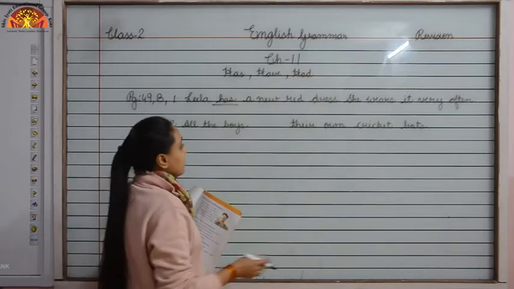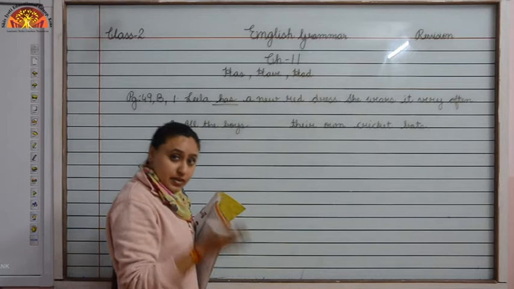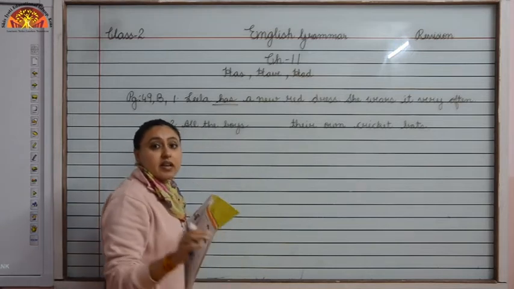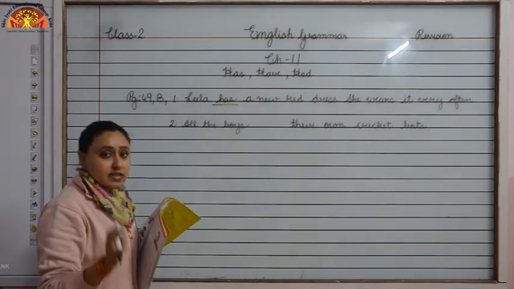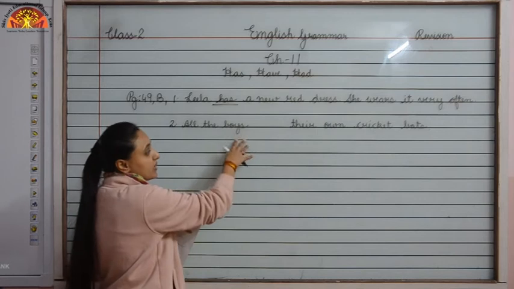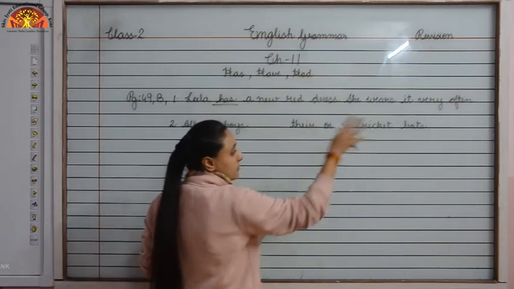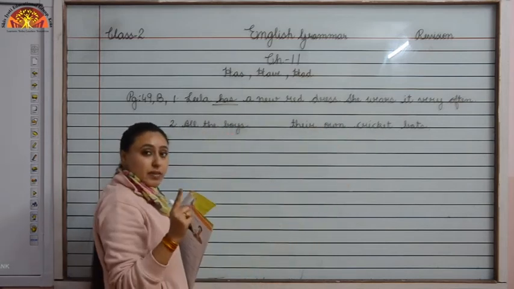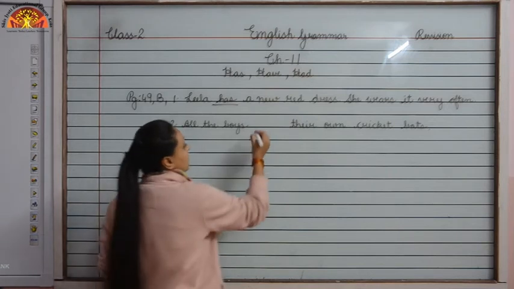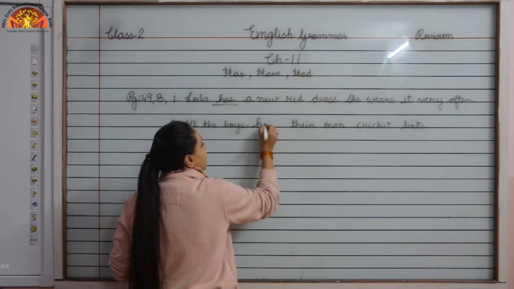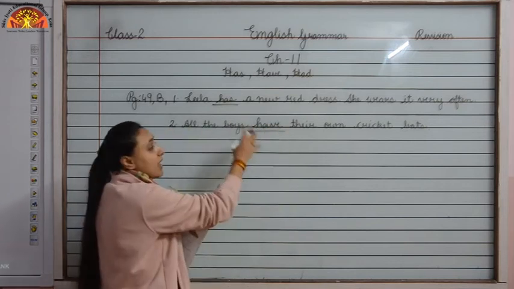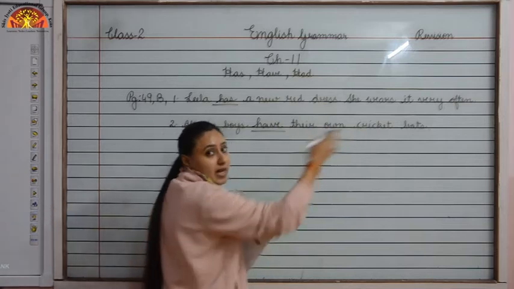So children, and this sentence is of present tense. You can see there are no such words like previous day, last year, yesterday. So this sentence is of present tense. Okay, all the boys dash their own cricket bats. So here we are talking about more than one boy. That means plural form. So we used have with boys. Okay, all the boys have their own cricket bats.